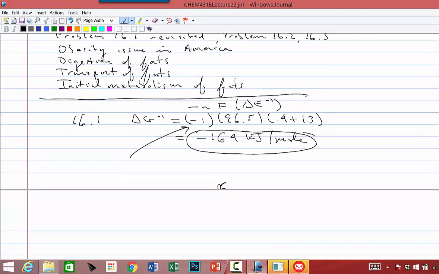Next, let's go ahead and do 16.2. In cyclic photophosphorylation, it is estimated that 2 electrons must be passed through the cycle to pump enough protons to generate 1 ATP.